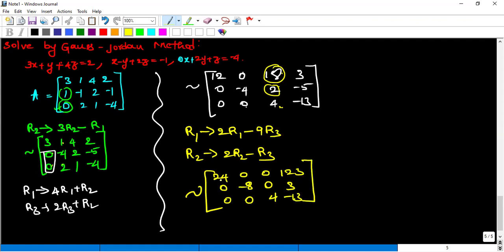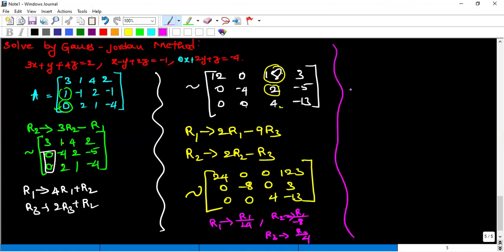Now you just see here, it is 24. We got diagonal elements here. The remaining are zeros. Now what do we need to do? I will change R1 as R1 by 24, R2 as R2 by minus 8, R3 as R3 by 4. Then what will I get?